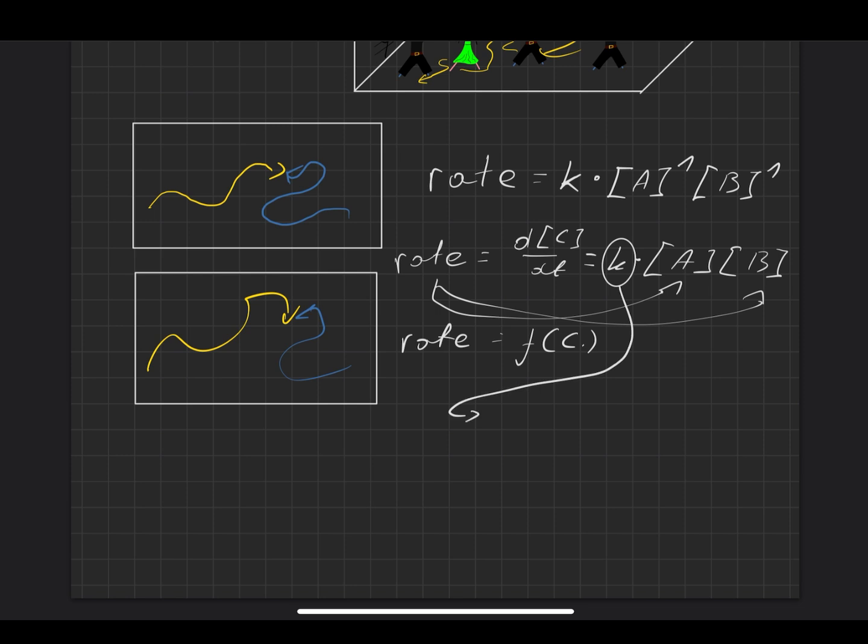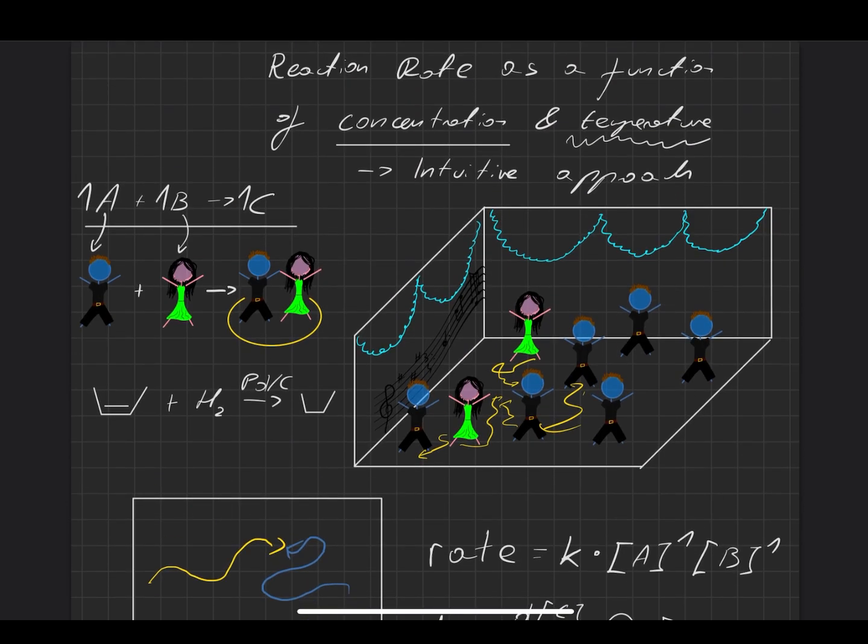This is called the rate constant. Rate constant, and this is specific for T and specific for reaction. So if you look up the literature, for example, you might see that the rate constant for this particular reaction is equal to this and that for a certain temperature.